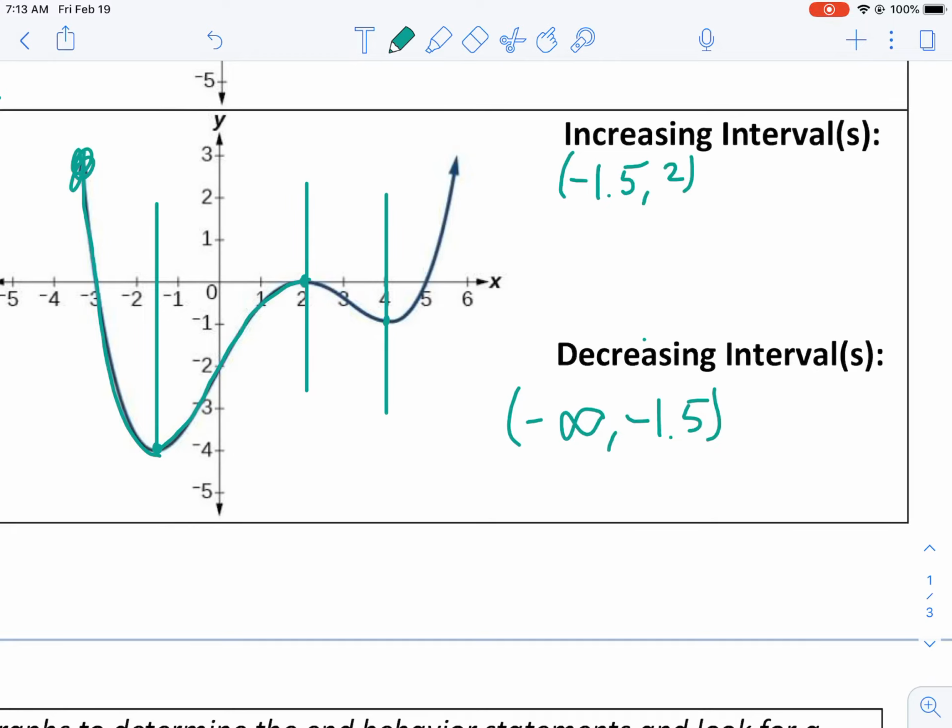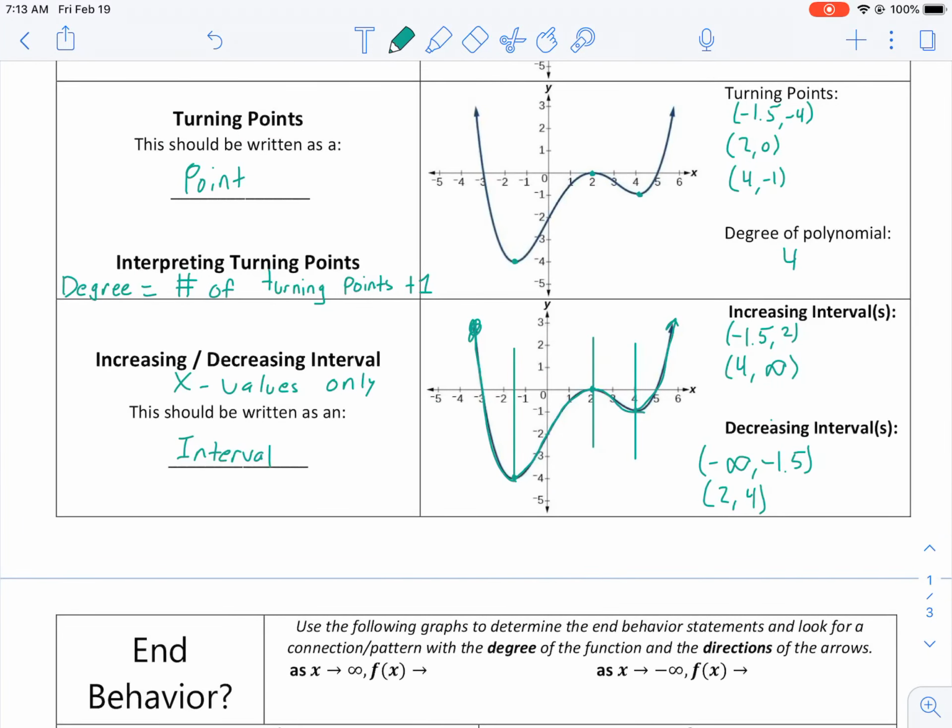And then you switch back and forth, and wherever you leave off, you pick up on the next one. So from 2 to 4, we're decreasing again. And then from 4 to infinity, we are increasing. Okay, so it's only the x values. You've got to keep that straight in your mind. That's basically how that works.